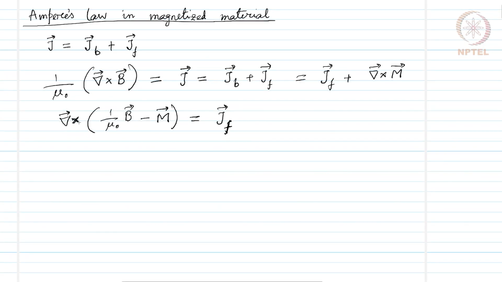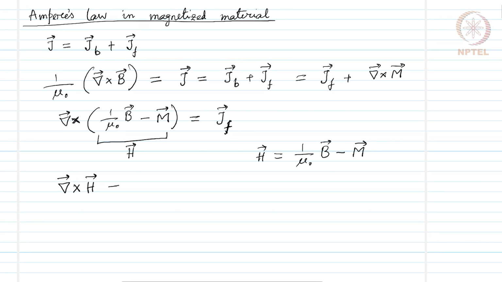And if we do that, we can define this vector as a new vector H. So, H is 1 over mu naught times the magnetic field minus the magnetic polarization vector, and then the Ampere's law takes this form.